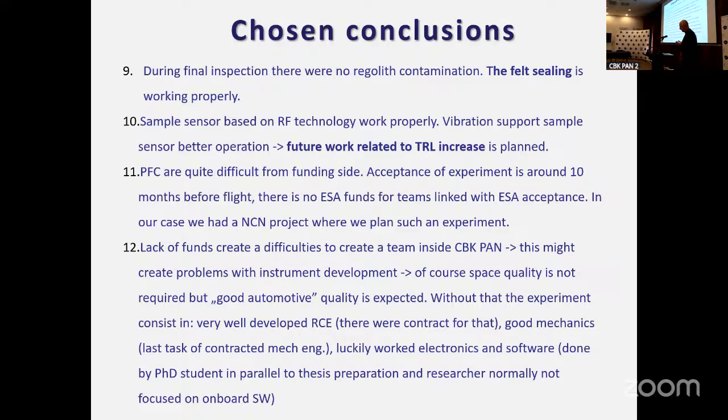Fortunately, we had the NCN project, and also all partners, meaning CBK PAN, supported us with funding for traveling. AGH got some funds for travel and a little for materials, and UWM also got funding for the travel.